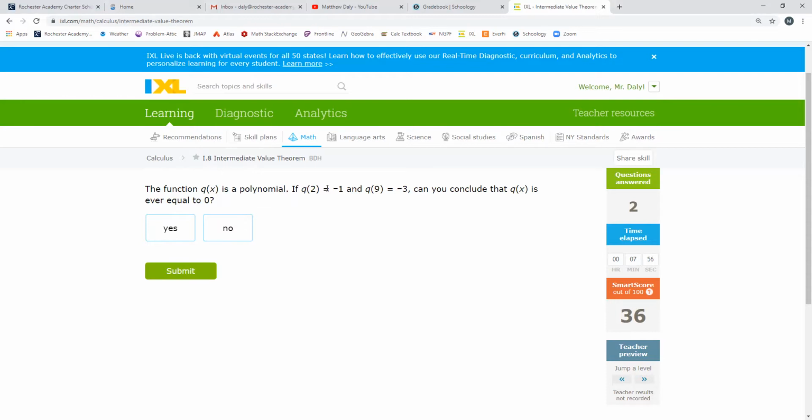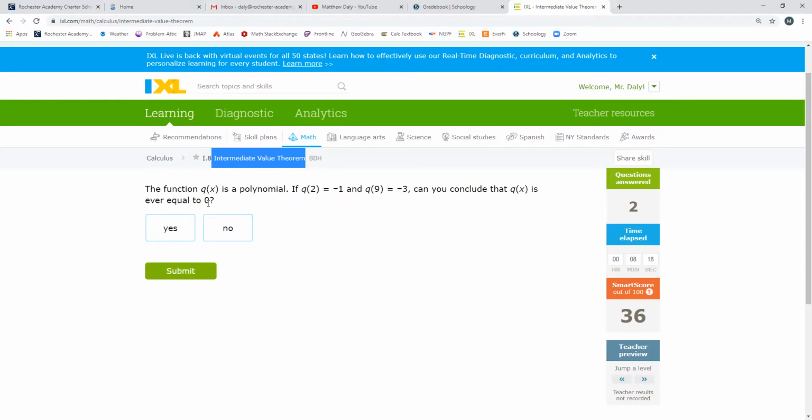So if q of 2 is -1 and q of 9 is -3, can you conclude that q of x is ever equal to 0? Well, this time the outputs that we can be confident about because of the intermediate value theorem are between -1 and -3.